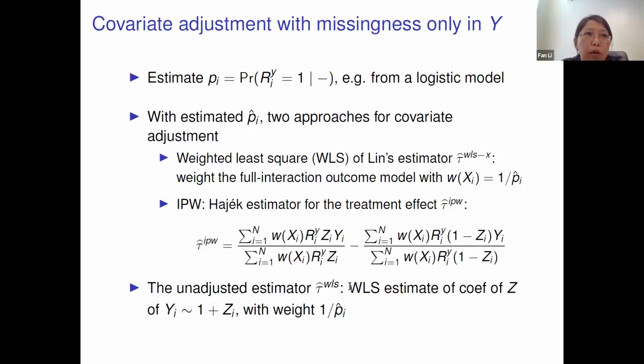Now you just need to calculate the weighted difference in means, and that is mathematically equivalent to doing this. You're basically fitting least squares of y given 1 plus b. Again, there's no interaction, no x. This is purely this, and then you take the coefficient, and reweight this using the IPW weights. And this is, again, mathematically exactly the same as the weighted unadjusted estimator. We call this WLS. This is basically the unadjusted estimator when you have missingness.